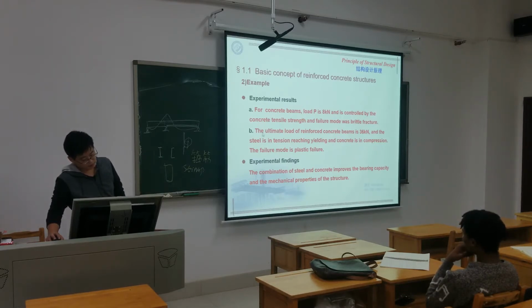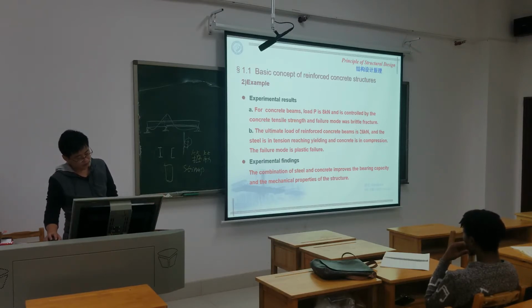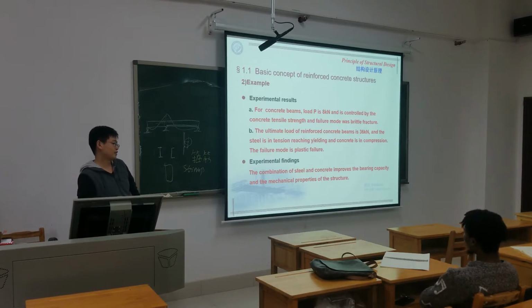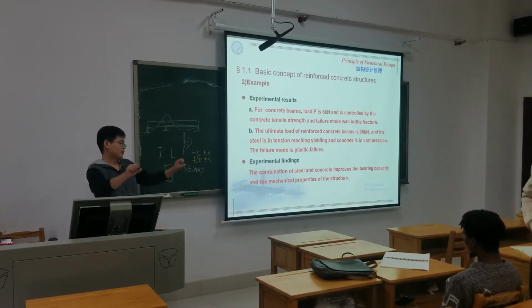But for this reinforced concrete beam, the ultimate load is 36. That means nearly 4.5 times. So the steel is in tension reaching yielding. Do you know the meaning of yielding?